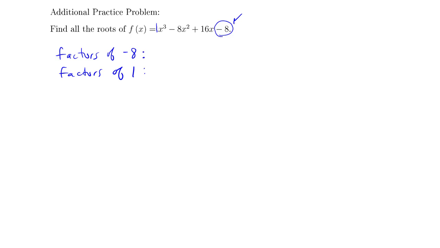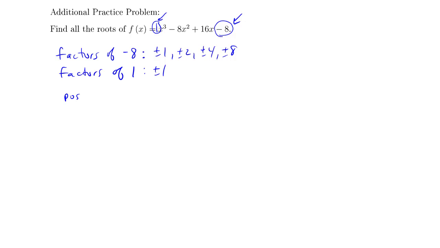And I'm going to be putting these factors of -8 over the factors of 1. All right, so the factors of -8 and the factors of 8 are the same. That would be plus or minus 1, plus or minus 2, plus or minus 4, and plus or minus 8. The factors of 1, that's simple. That's just plus or minus 1.